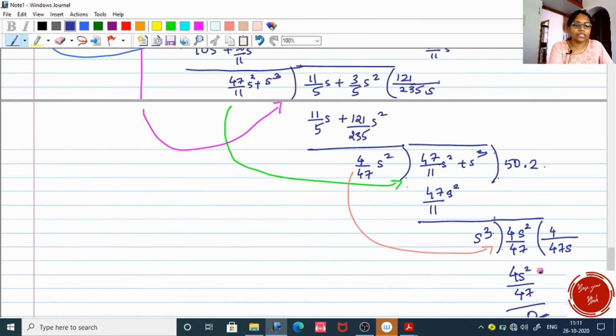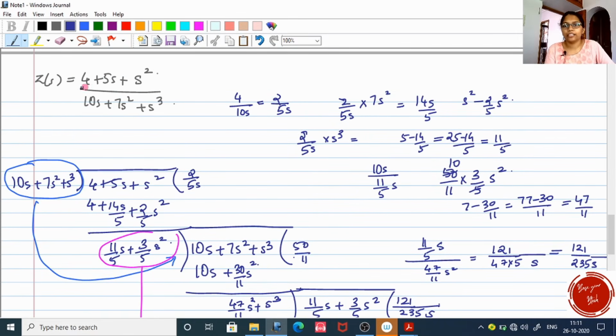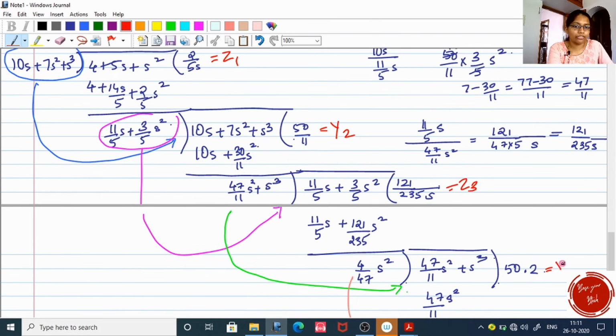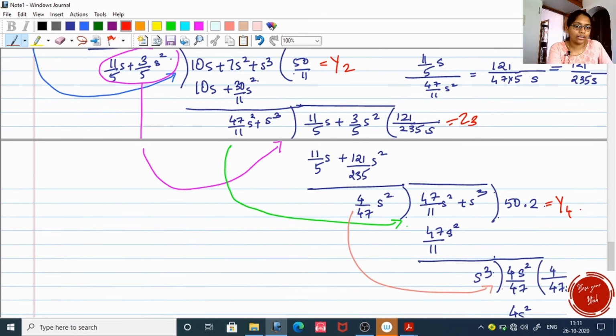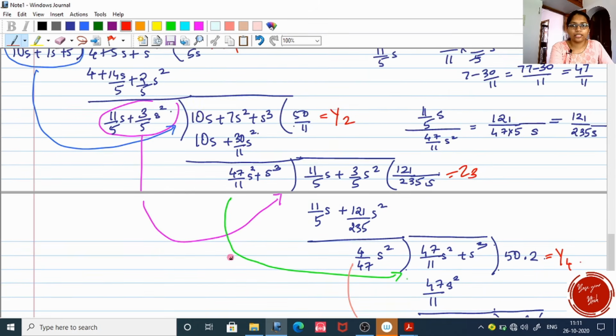So all the quotients are ready. Now we have to start from the z set because the division we applied was on a z of s function. So we have to start from z1, y2, z3, this is your y4, and lastly here is your z5. Okay, so let's write it as a list.